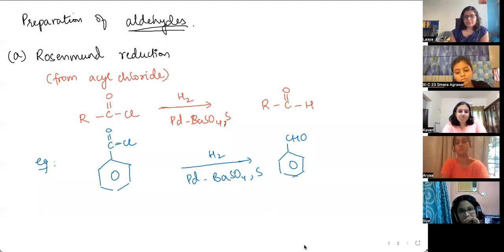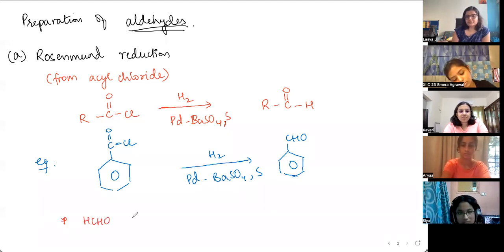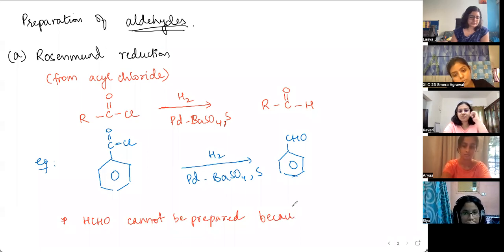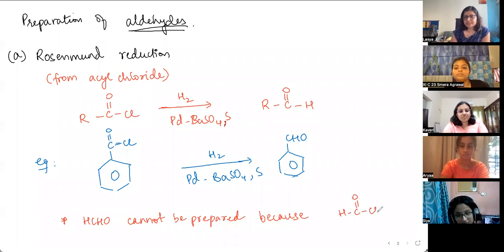One small note about this method: formaldehyde HCHO cannot be prepared by this particular method. This is because the reactant is not stable at room temperature. In order to prepare HCHO, you want the chloride to be HC double bond O Cl.